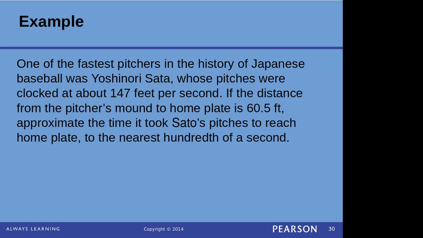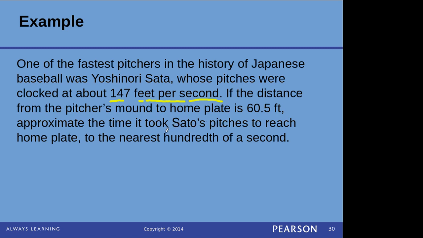So I'm going to leave this up here for a second, and I'm going to focus on some parts of it. So the first thing is that I'm going to underline this bit here. I'm going to notice that I have a feet per second. I have a distance per time.